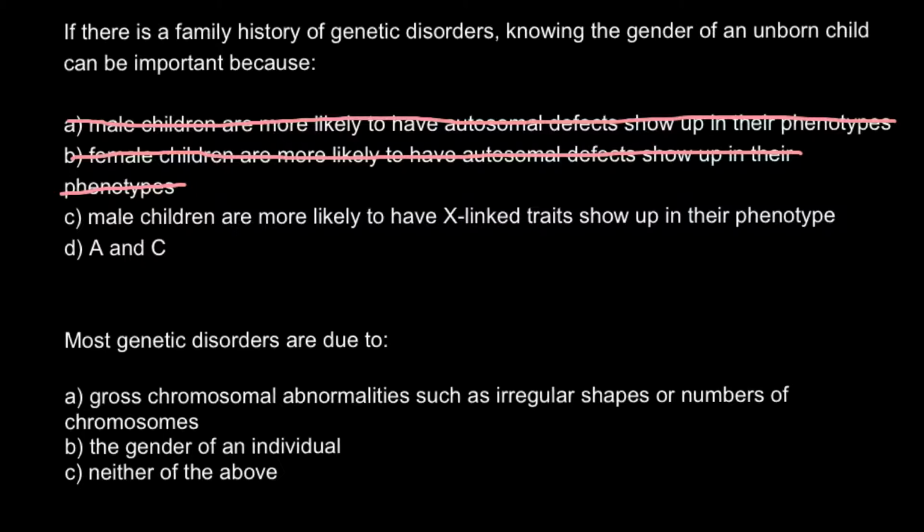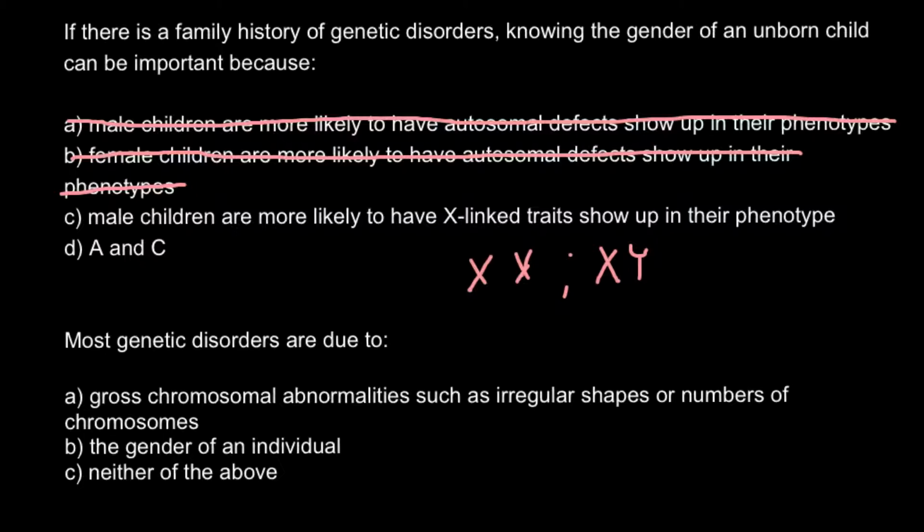We have one pair of sex chromosomes, pair number 23, so 22 pairs of chromosomes, or 44 chromosomes in our genome, are autosomal, and two chromosomes are sex chromosomes. Female genotype is XX, so a female has two X chromosomes, and a male has an X and a Y chromosome.